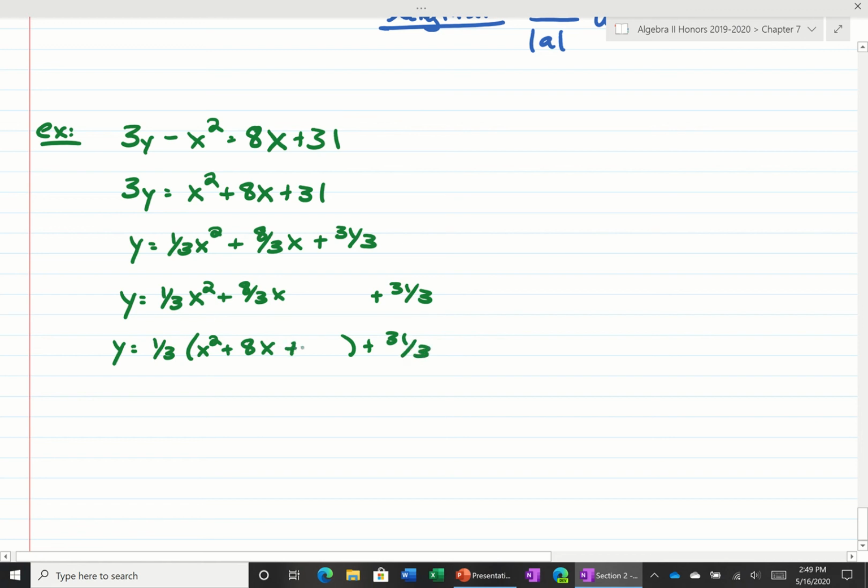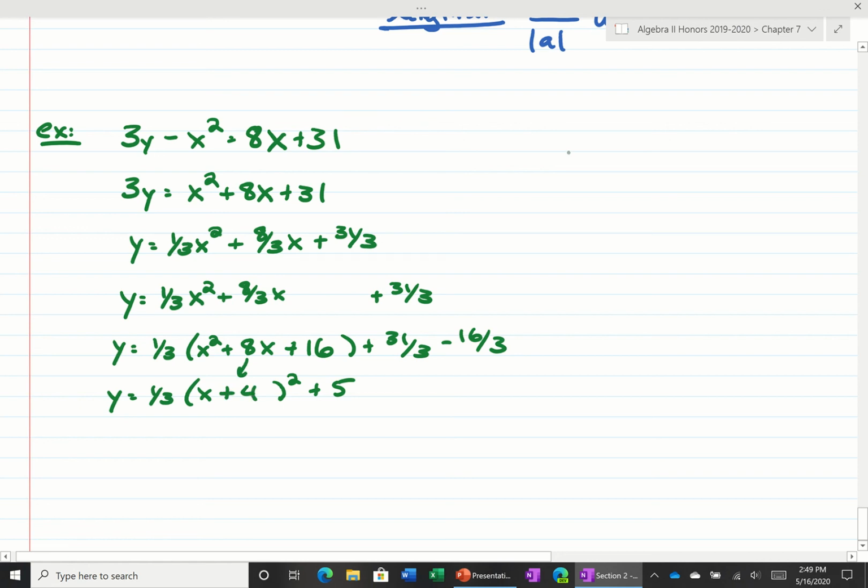Half of 8 is 4, 4 squared is 16, 16 times a third is 16 thirds, so 31 thirds minus 16 thirds is 15 thirds, or 5. And this middle number is always going to be half, so we have x plus 4 squared plus 5.